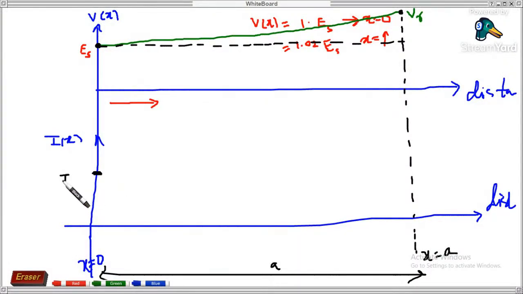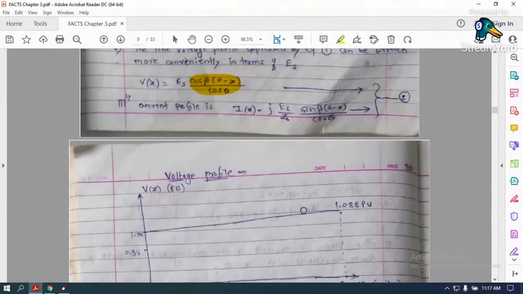This is what IS is, whose value is equal to j ES upon Z0 into tan theta. Okay, now you are increasing the value of x. Now again take your calculator, calculate this term, sin of beta a minus x.